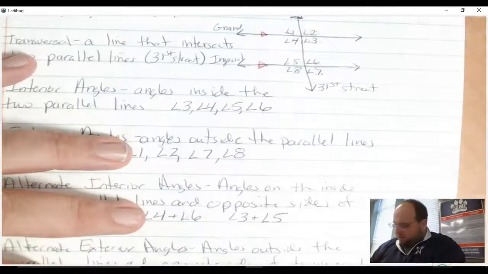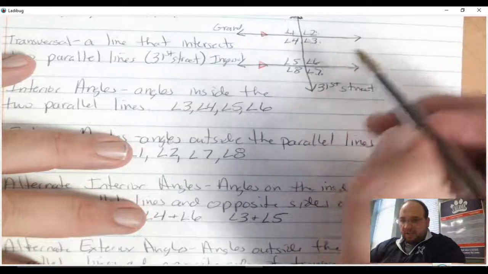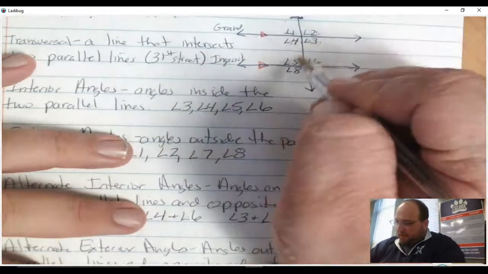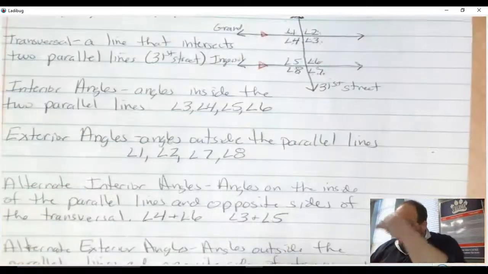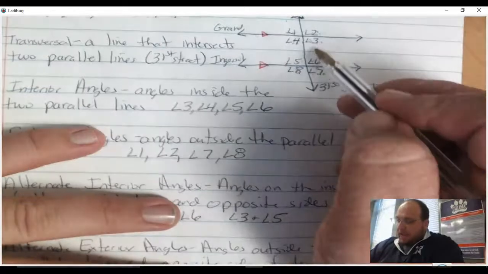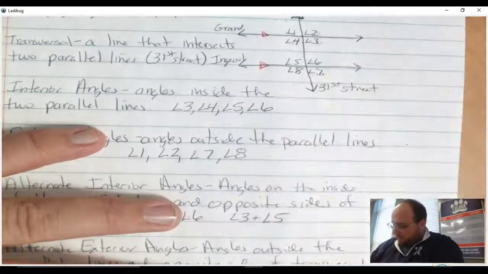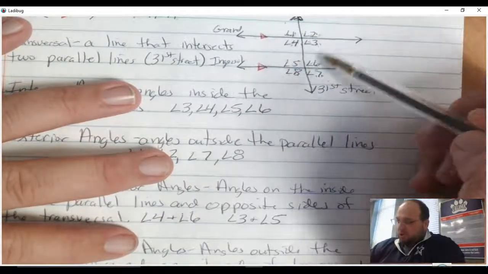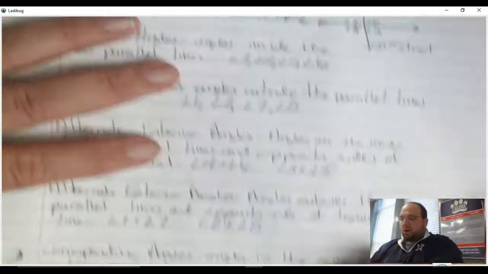Angle 2 is paired with angle 6. Angle 4 is paired with angle 8. Notice how they're both below and to the left of the parallel lines when cut by the transversal line. And then the last pair is angle 3 and angle 7. So again, angle 1 with 5, 2 with 6, 4 and 8, 3 and 7 are all corresponding angles.